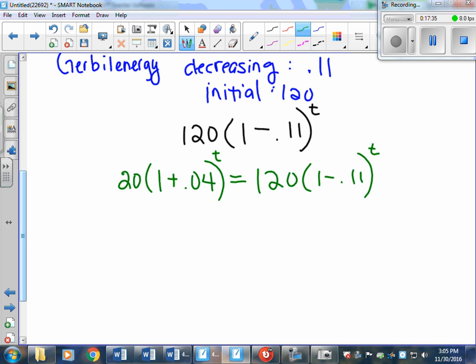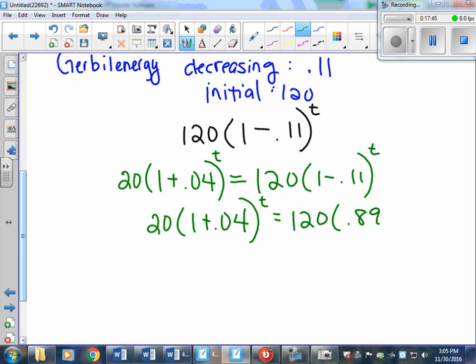And in this case, I don't think we're going to be able to do this. 1 plus 0.04 to the t power is equal to 120 times 0.89 raised to the t power. So we could put both these functions into our calculator and determine where they are equal. All right, so we're not going to do that now, but if you want to do that tomorrow, remind me and we'll make sure that we go over it. Okay?